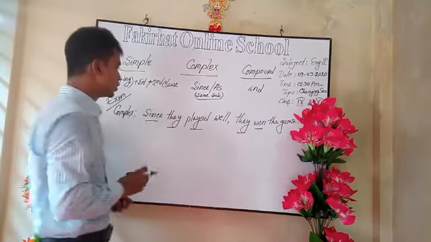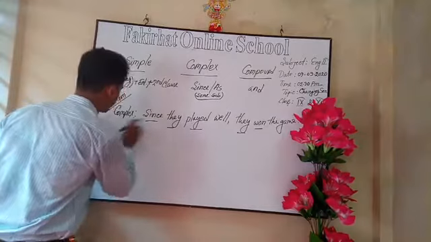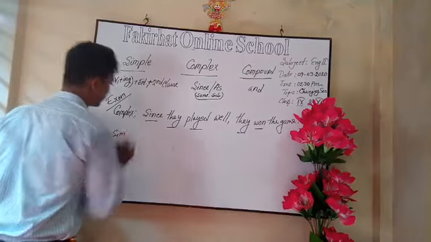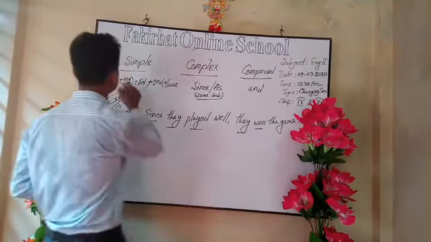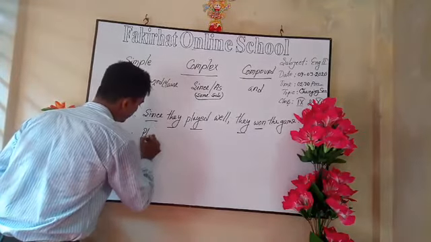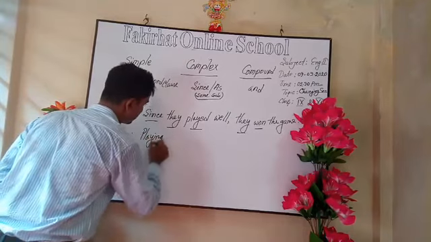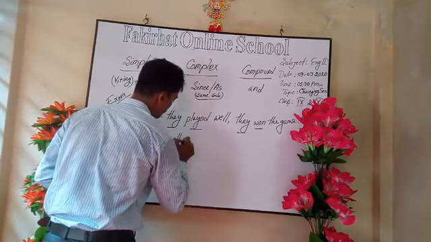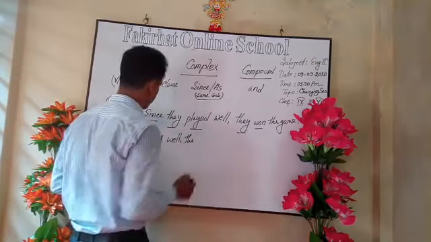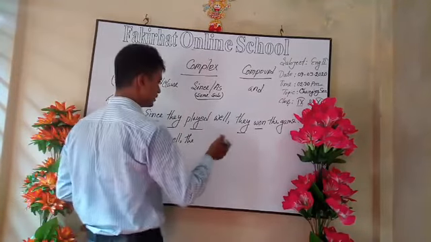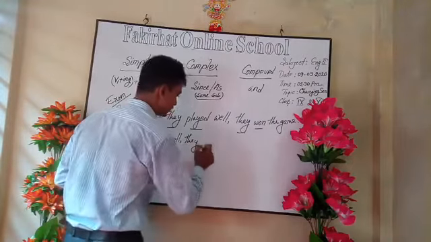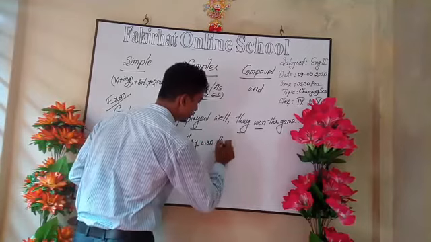According to my rule of the chart, simple: verb 1 plus ing. Play, then ing, playing, playing well, comma, second clause, because the sentence has same subjects, so they won the game.